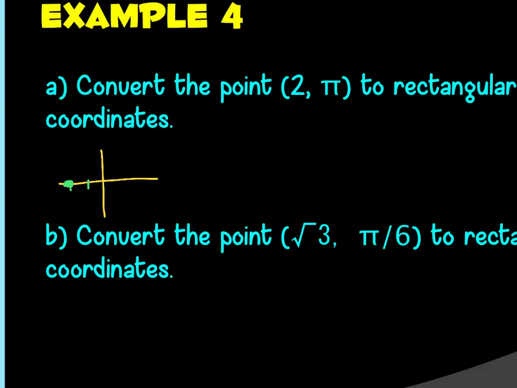So the coordinate would be there. Could you already tell me the rectangular coordinates on that one? -2, 0, right? You didn't even need the formula for that. They're not all going to be like that, but that already you can tell. Because I'm moving left 2 and not up or down at all.